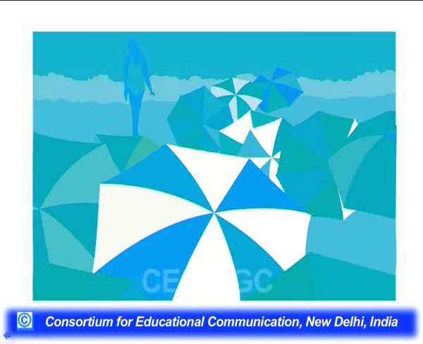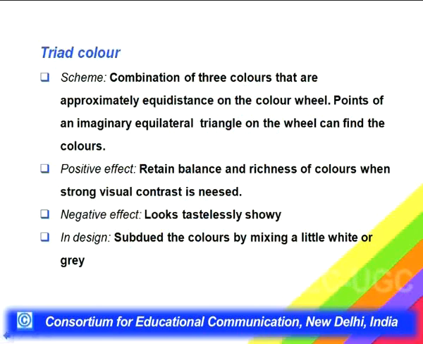But the identity of the elements like the umbrellas and the lady at the background is not visible clearly because of lack of contrast. That is the problem of this design. But if this design is used as a background, then it will be very useful.